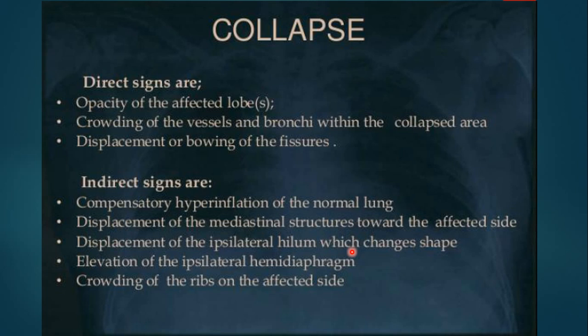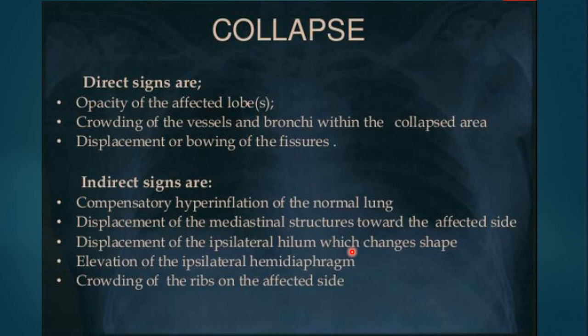Also, the hilum will be displaced to where the abnormality is. The left hilum will be displaced to the left side more, and the mediastinum will be displaced to the left side if there is a left side collapse. If there is a right side collapse, there will be the opposite.